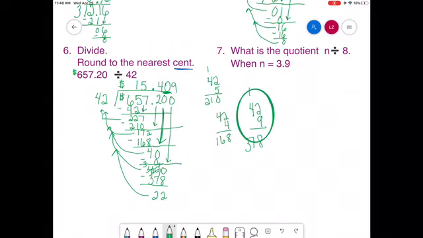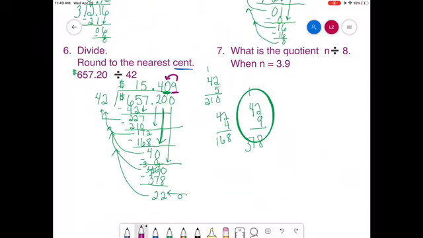Now, we have a remainder here. Do we need to keep going is the question. We do not need to keep going. Why? Because we're rounding to the nearest cent. That means we got to round to this spot here. We already have our judge. Our judge is this guy. This guy says what to do with him.